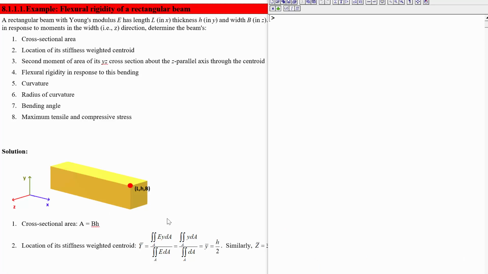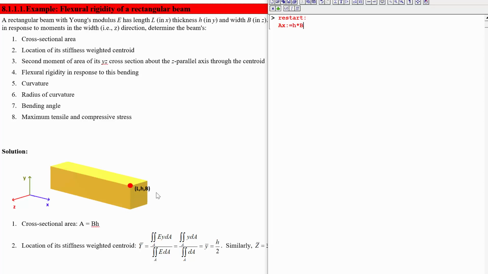All right, there's some analytical work below on this, but let's just do it in Maple up here. So we've got the cross-sectional area, A_x, the area perpendicular to the X face, which would be equal to the thickness times the width.